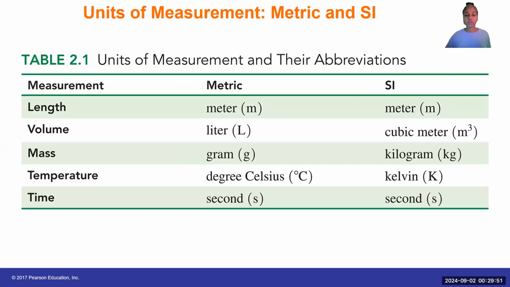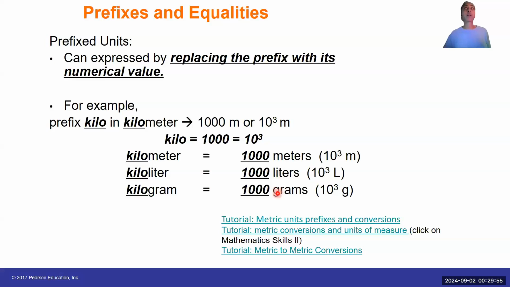We're going to use prefixes to help us clearly define smaller and larger units than those base units, right? So we can express a whole number numerical value based on the power of 10 with a prefix.